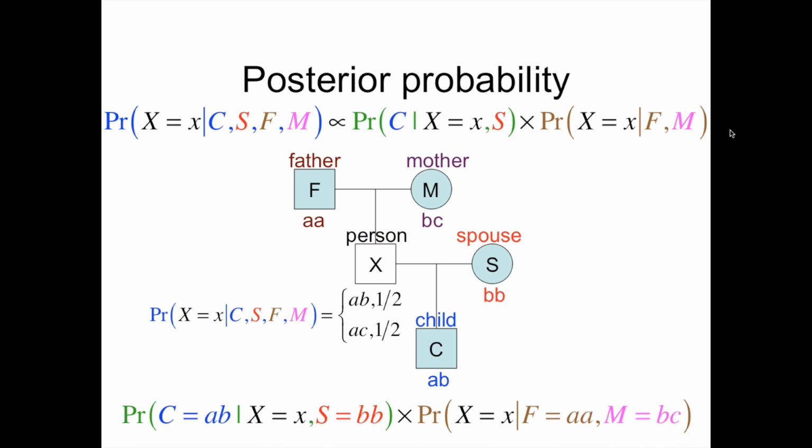And now, on the bottom row, moving over to the left part, we have the likelihood part of the equation. And here we have the probability in green of the child in blue having an AB genotype, given different values of X, and the spouse being a BB allele pair.